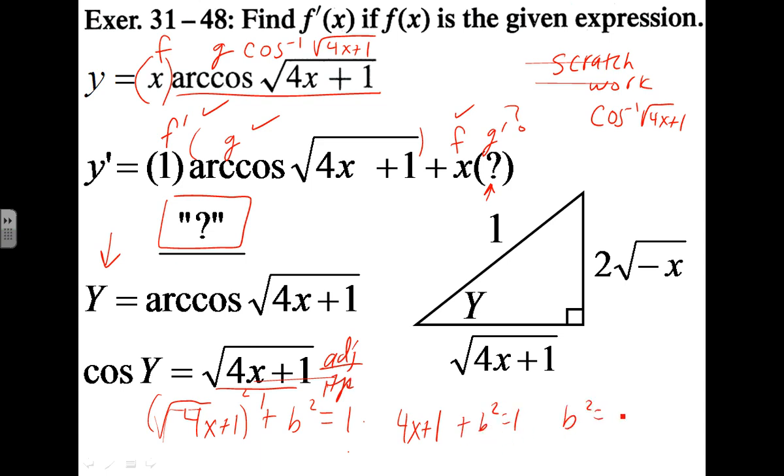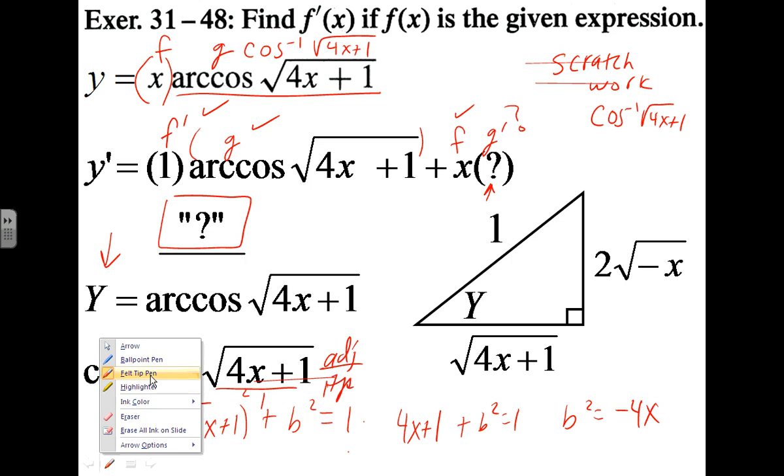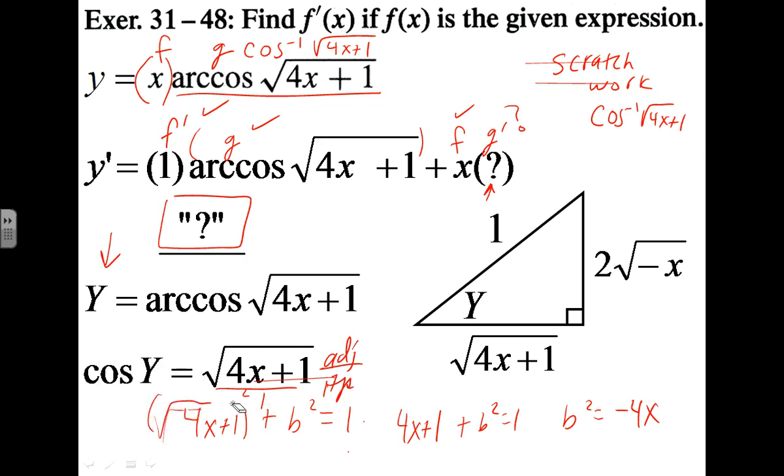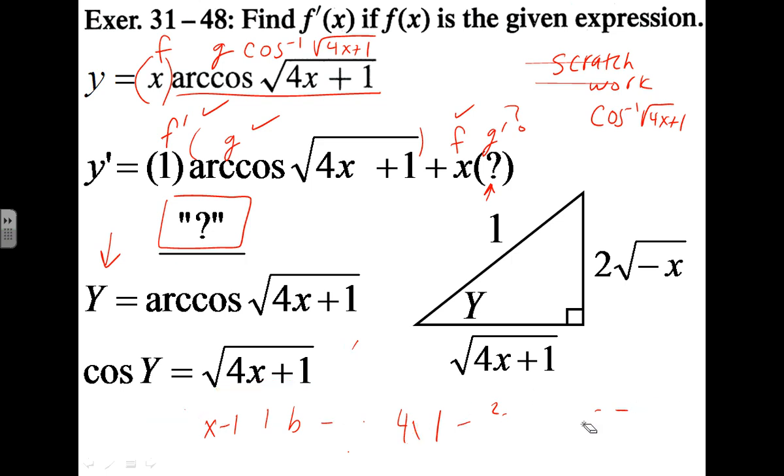So b squared equals negative 4x. So you take the square root of that. Yes, you can have that. That just changes the domain. The domain would be all x's that are negative, and we can still work it out. It'll still work out. There won't be any domain issues.